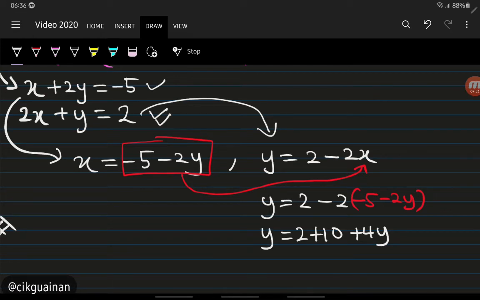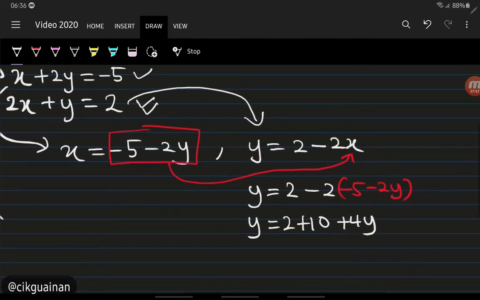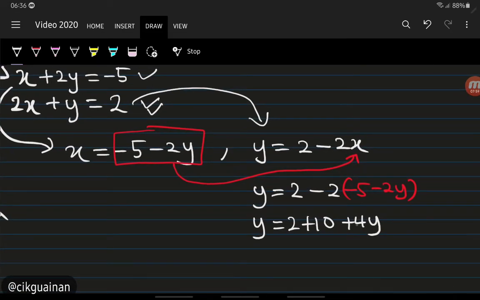As you can see over here, we have the y's on the left-hand side, so we group the y's together. y minus 4y equals 2 minus 10, which is minus 8... sorry, equals minus 12. So we have minus 3y equals minus 12.